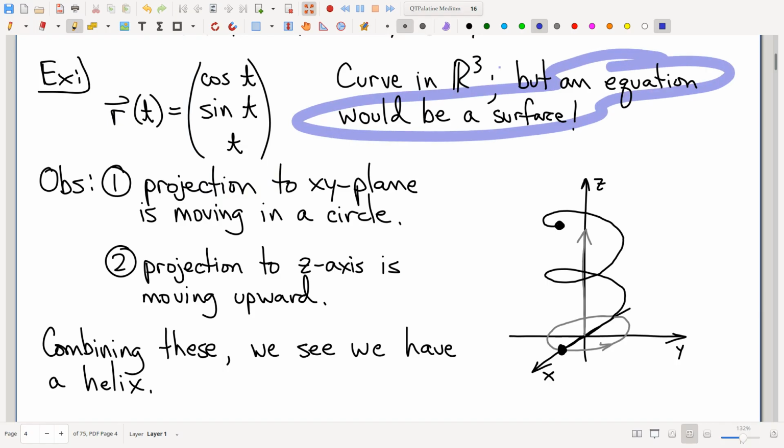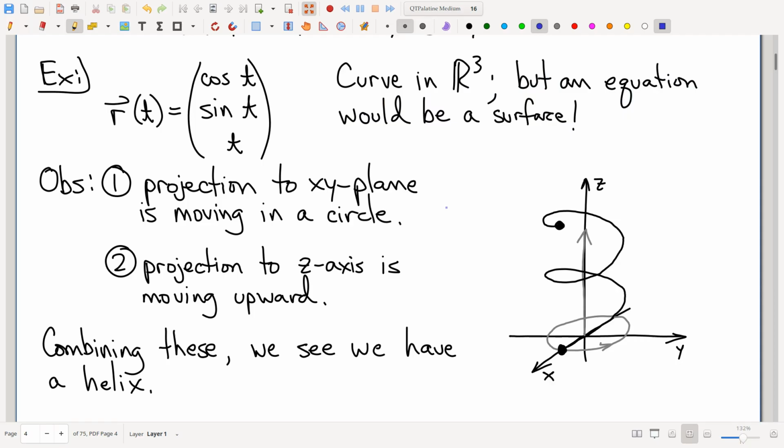This is clearly a curve because, again, position is a function of time. We're clearly drawing something, right, like that. So it's a curve, not a surface. So none of the above methods are going to work. This is a harder category of problem, frankly. How to figure out what is this parametric curve in space.